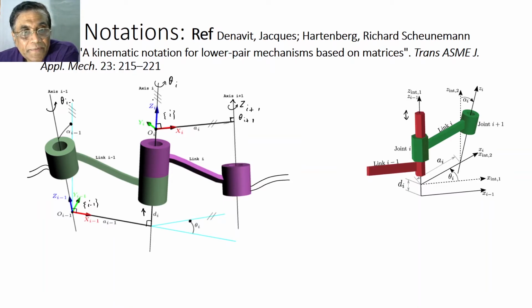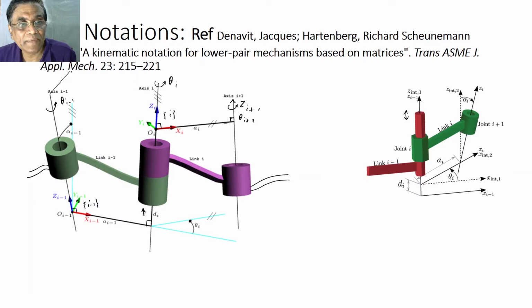What is that? The twist angle. How is the twist angle measured? You can project Zi and Zi minus 1 on the YZ plane.